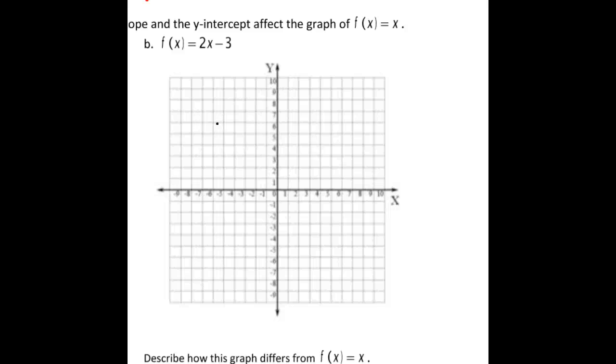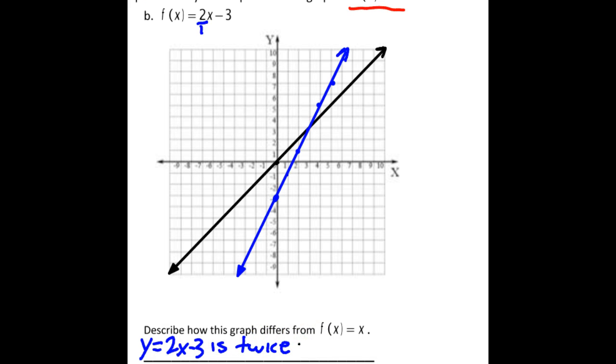But the way you describe this, you want to use the language like we did on the first ones. So you want to say that y equals 2x minus 3 is twice as steep and translated down 3, using that language. All right, you want to finish everything, page 3 and 4, by tomorrow.